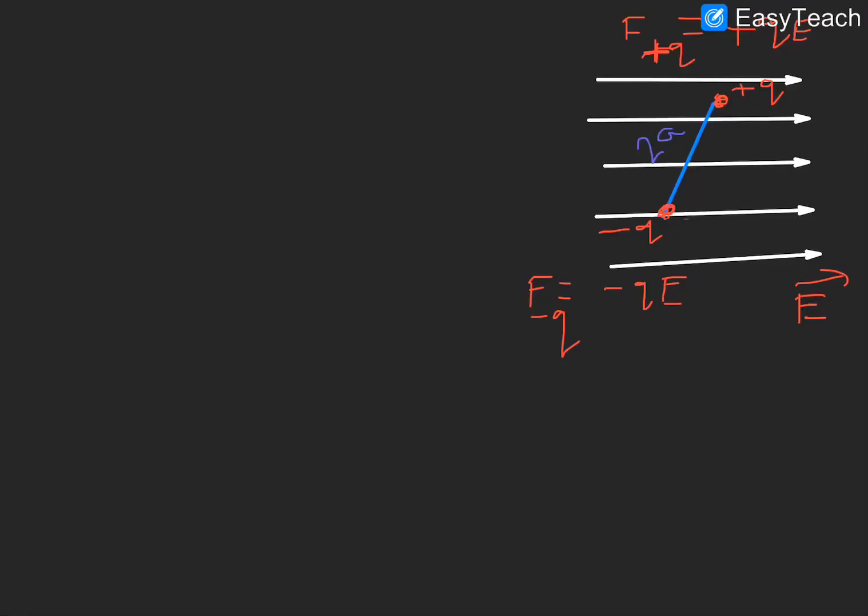So consider the diagram. A force of QE acts in right direction and a negative QE acts in left direction. So net force acting on the dipole is 0, because plus QE plus minus QE, you will get 0. We need to find torque, net torque. Net torque is not equal to 0.